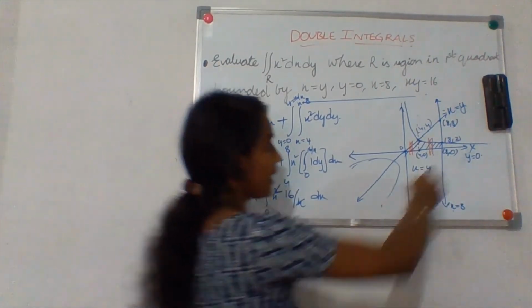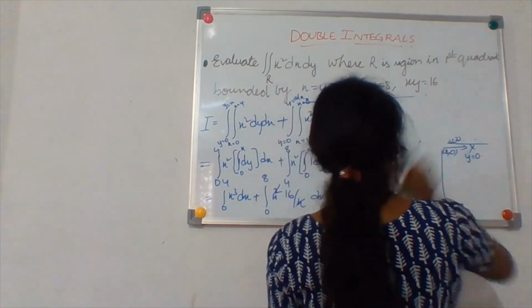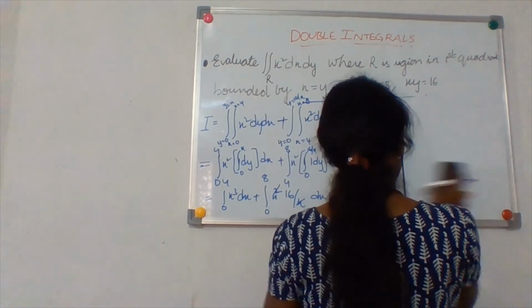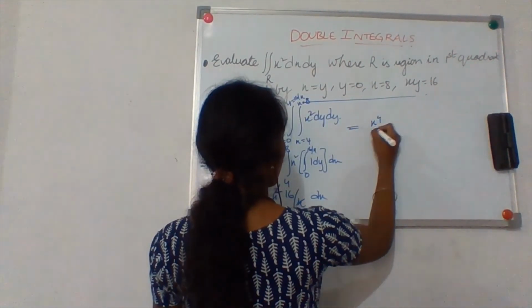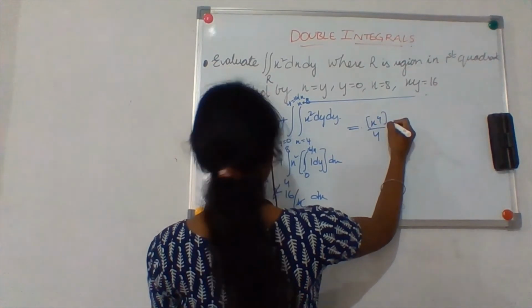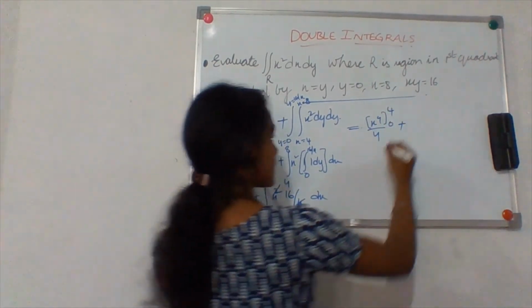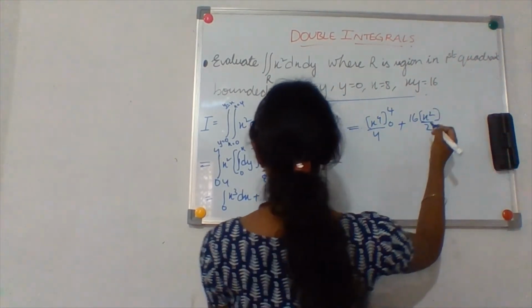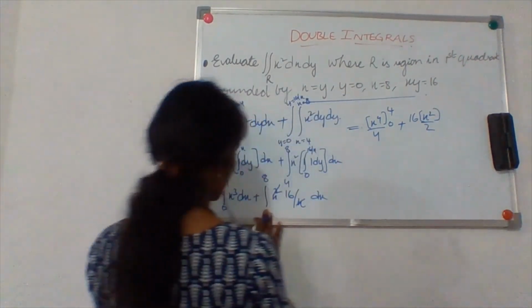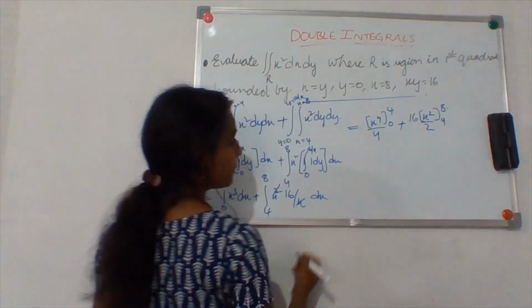And now I erase this diagram. And now what will we get? x power 4 by 4 from 0 to 4, plus this is 16x, so 16 into x square by 2 from 4 to 8.